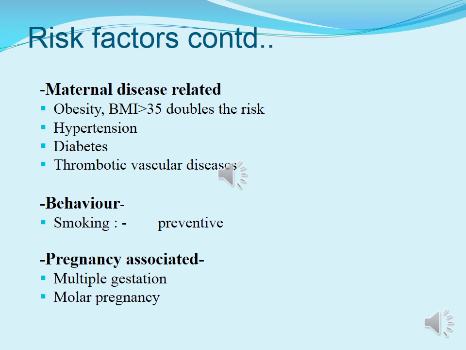Patients with a history of hypertension, diabetes, or thrombotic vascular diseases. There are certain behavioral risk factors such as smoking. They found it to prevent the occurrence of PE. But once a pregnant smoker develops PE, it usually carries a bad prognosis to the mother as well as to the fetus.